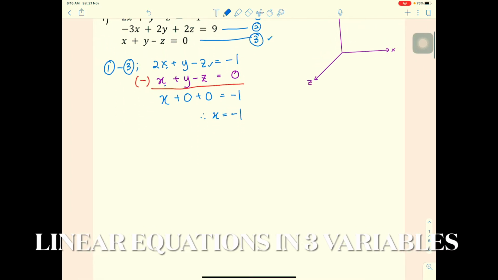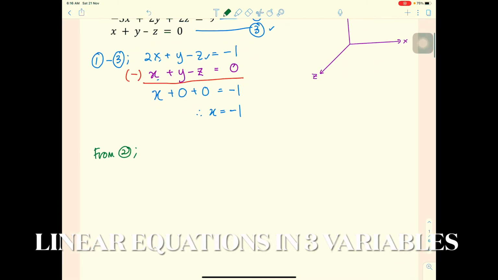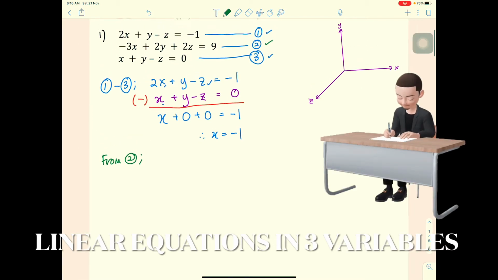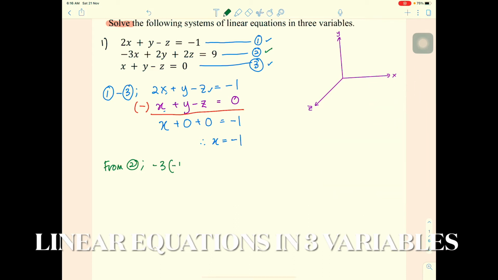Alright, and then second step, from equation 2, we substitute the value of x into the equation. So -3 times -1, because x equals -1, plus 2y plus 2z equals 9.